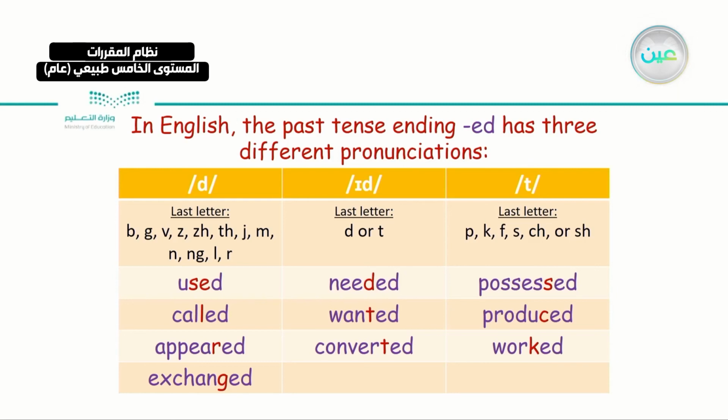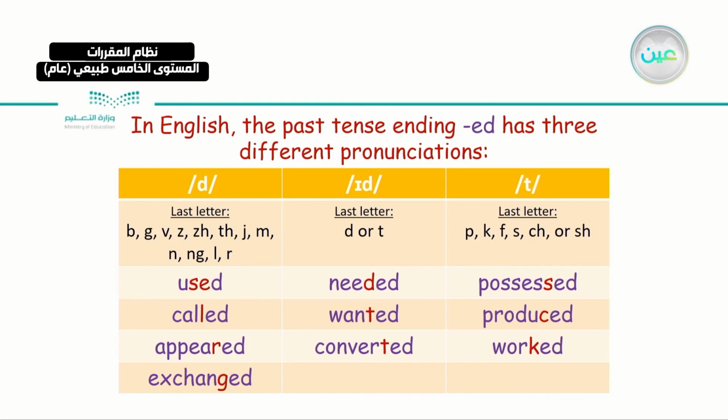And then we have the third one, which is like the T. If you notice that I said possessed, the ed turns into like a T sound, which is done when the last letters are the P or the K, the F, the S, the CH, or the SH, like possessed, produced, and worked.